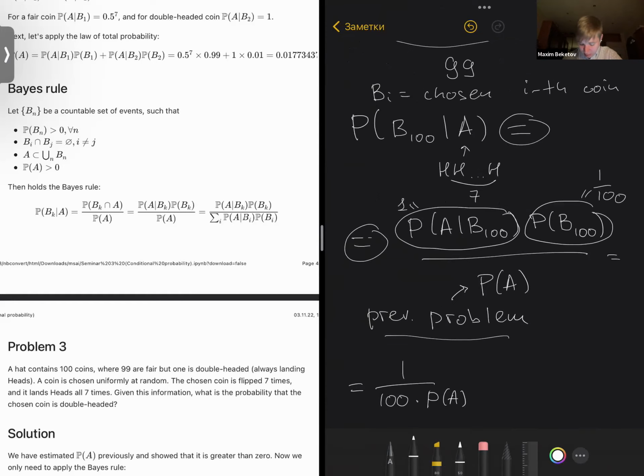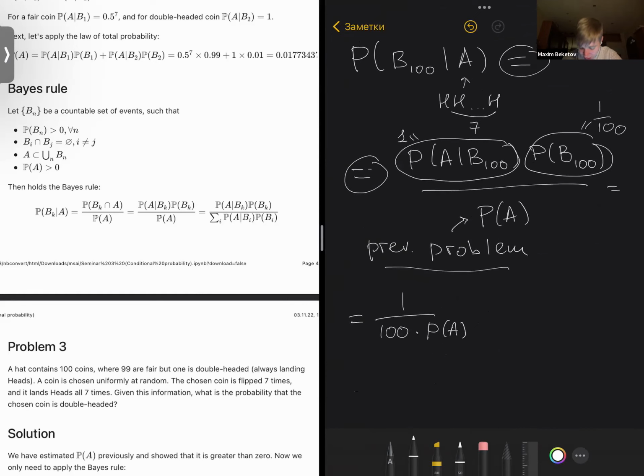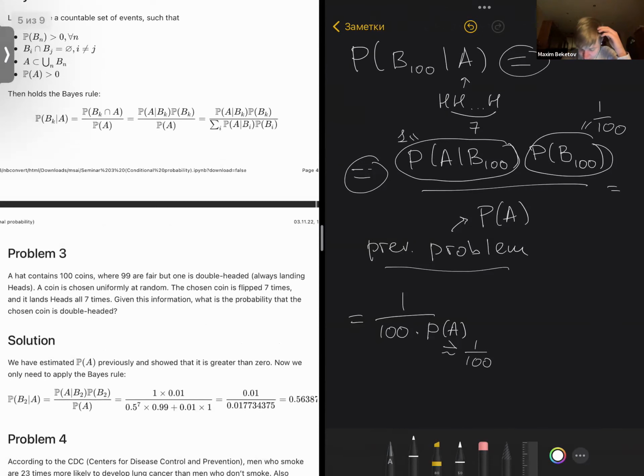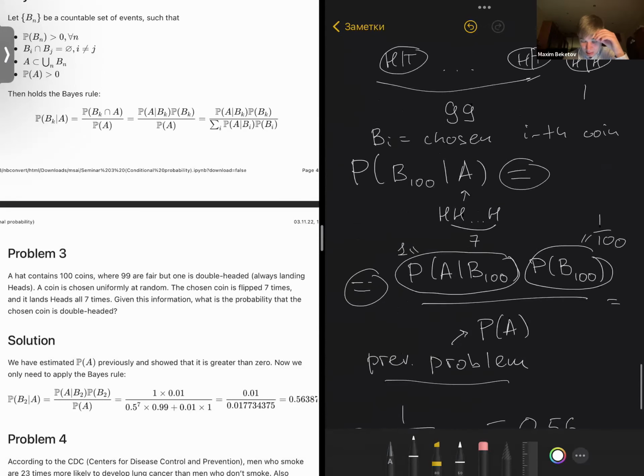Let's see how much. That P of A is just a tiny bit greater than 1/100th, right? It was just a tiny bit greater, so even without looking at the answer, we should say that this probability is not very small, right? And it turns out that it is 0.56. So I was wrong.